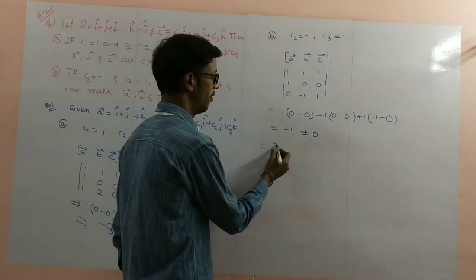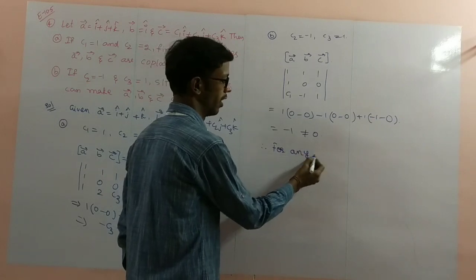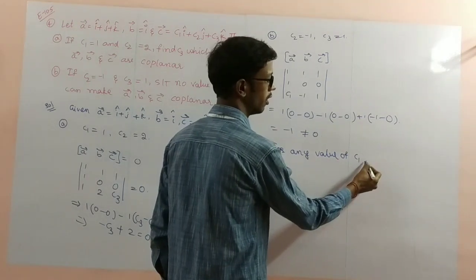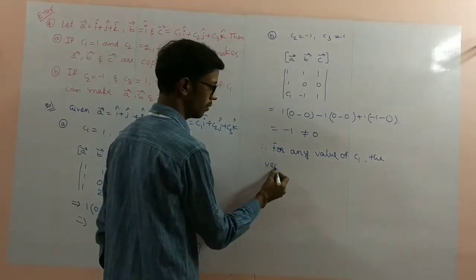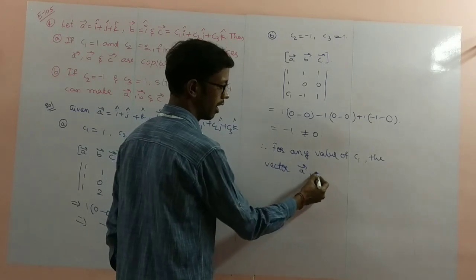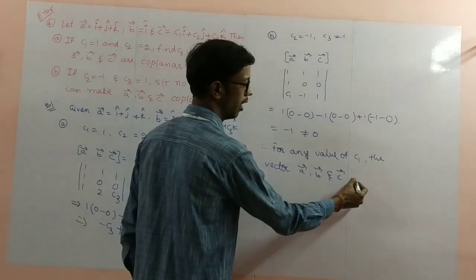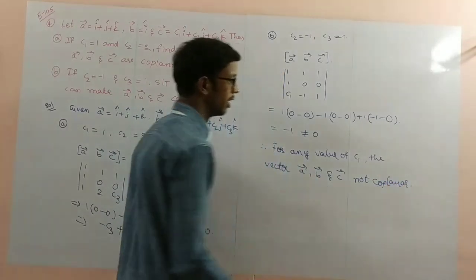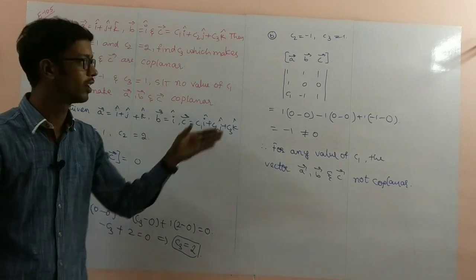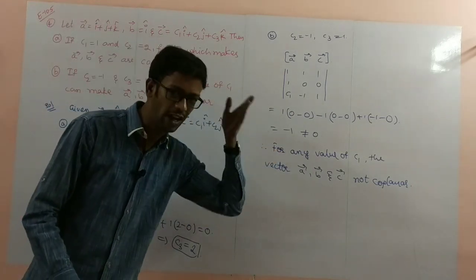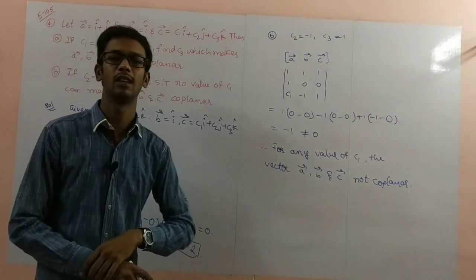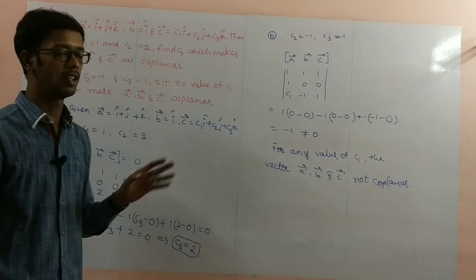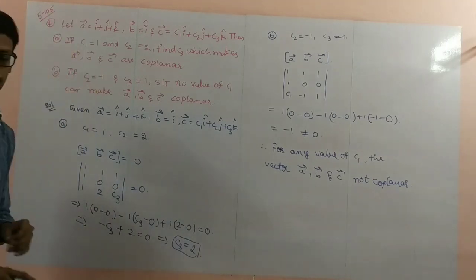Therefore, for any value of C1, the vectors A bar, B bar and C bar are not coplanar. Non-coplanar you can also write. So this is the way of showing this. Pause the video to note it down.